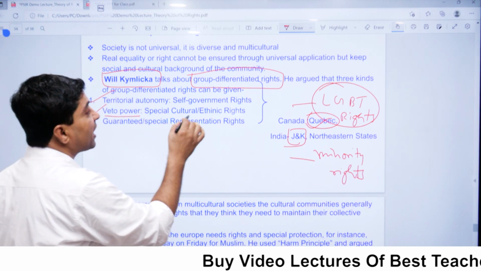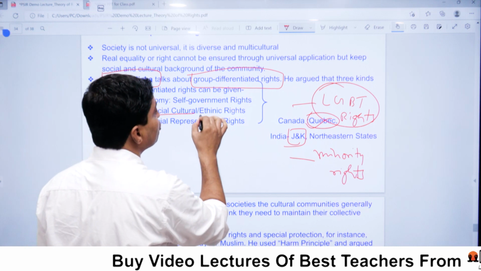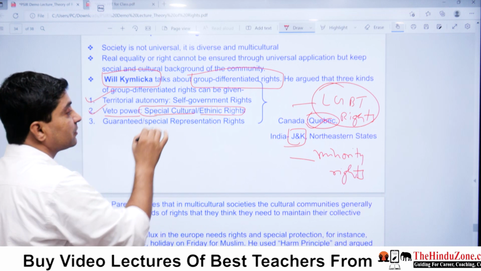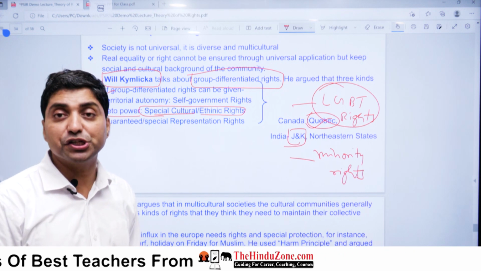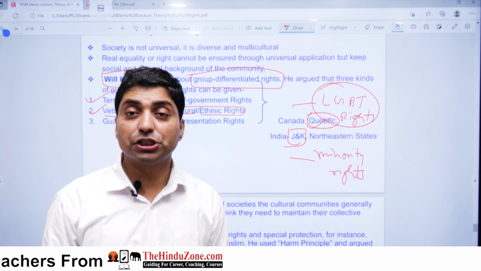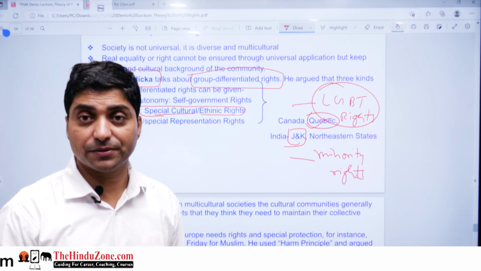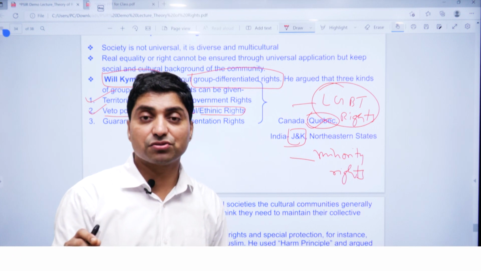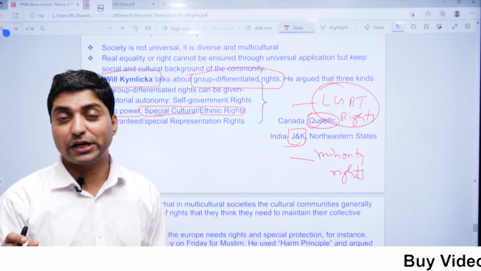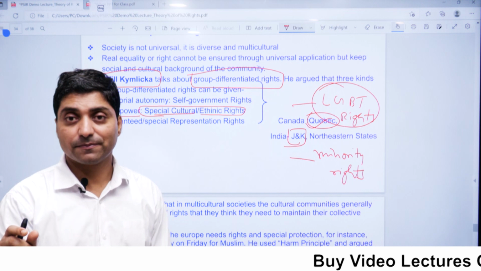The minority must have some special cultural or ethnic rights. If there is a small minority, for example the Parsi community or Jain community or Sikh community, these minority communities must have certain special rights to exercise.